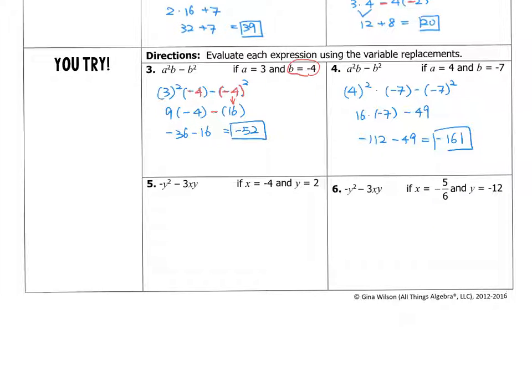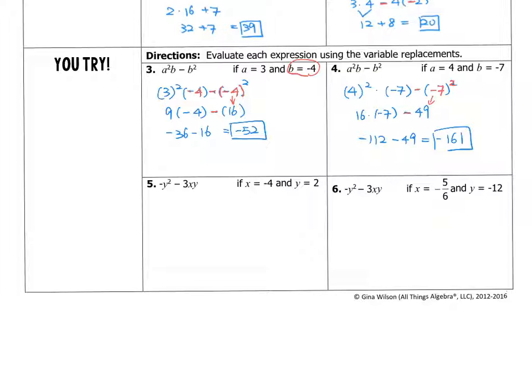And then I'm just simply bringing the negative sign down. Okay? Example number 4 is the same thing here. Notice that that became positive 49. And then I'm bringing the negative sign down. You cannot do the double negative equals positive here because you have to take care of this exponent first.